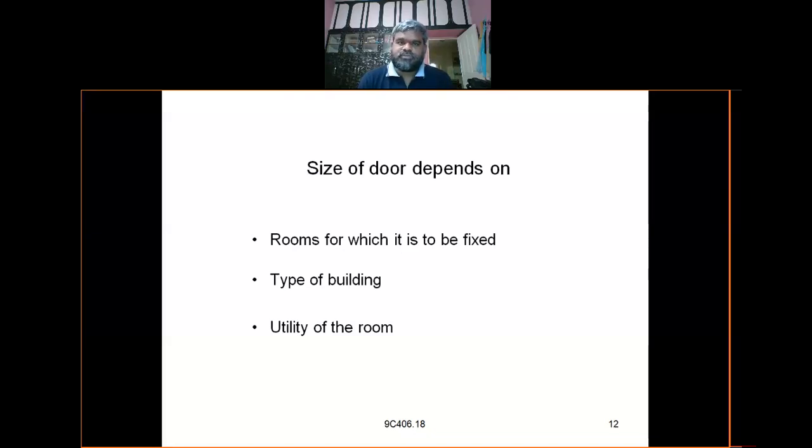If the room is used for a workshop, the door should have more width. If it is for a residential building, it should be small. So the size of the door depends upon the room for which it is to be fixed, the type of the building, and the utility of the room, right?